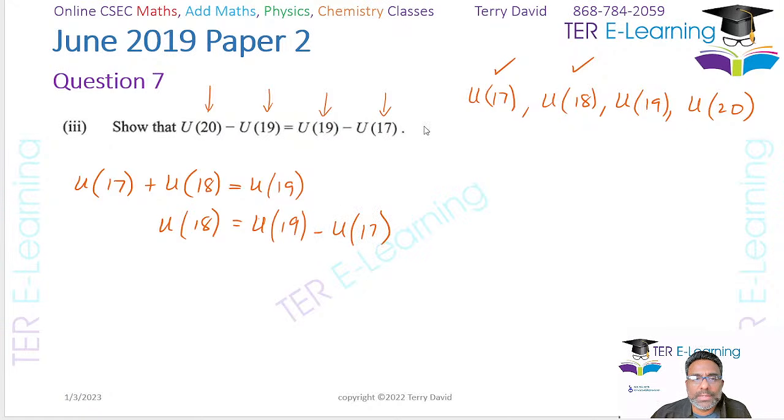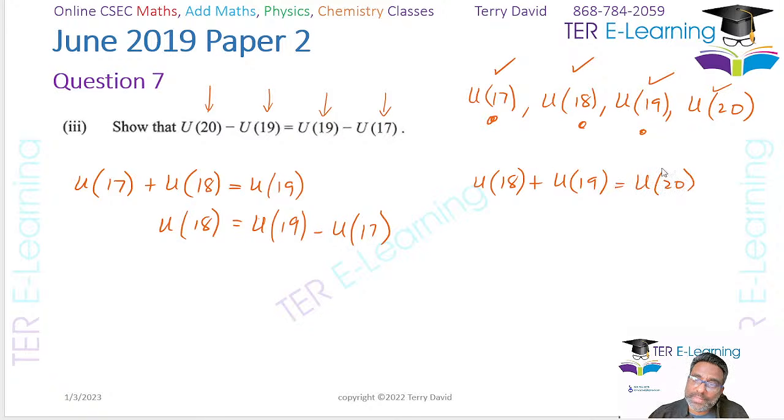So that's when I'm looking at this term and this term. But I can also look at these three terms here, 18, 19, and 20. I can say that my 18th term plus my 19th term will give me my 20th term, right? So therefore, I can say that U18, your 18th term, is simply U20 minus U19. Now, if you notice here, you have an expression for U18 in two different ways.